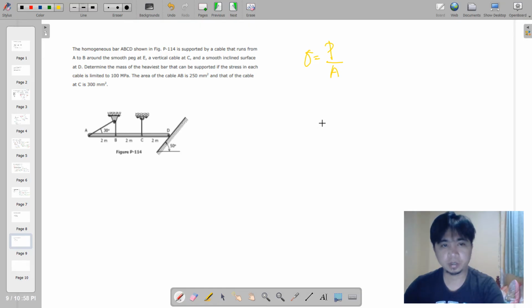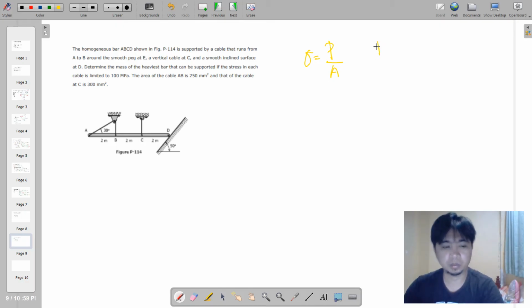Okay, so the basic step here is, of course, establish your free body diagram. So why do we need to do that? Because by and by, we are going to apply this simple formula on to cables in terms of W. The tensile cable in terms of W. And we have here two cables.